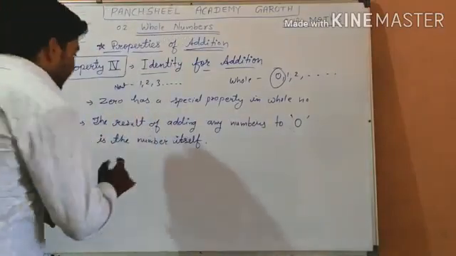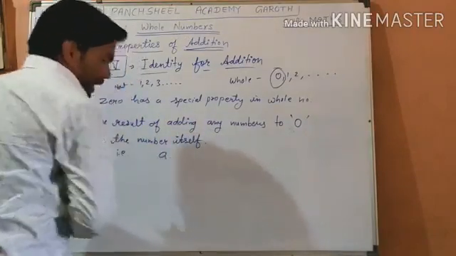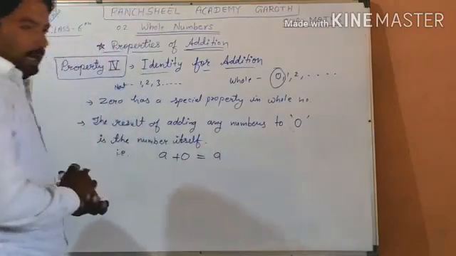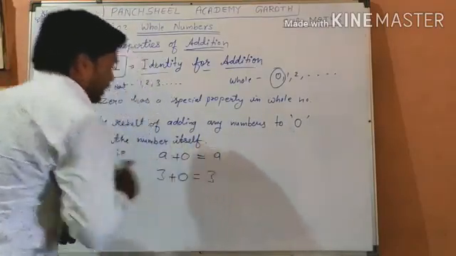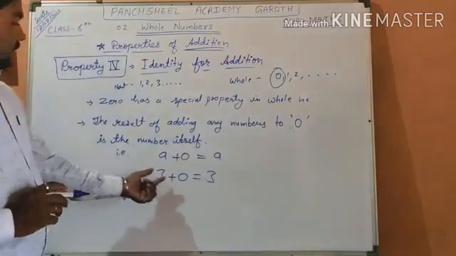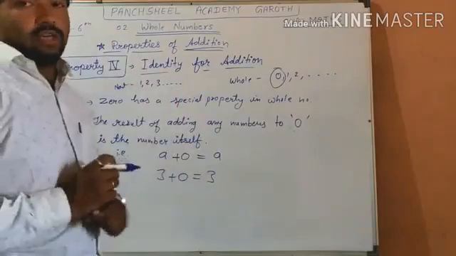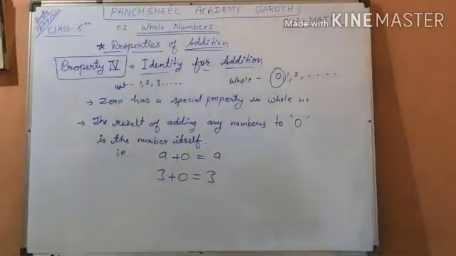That means if we add any whole number A to 0, then the result is A. If we add 3 to 0, then we get 3. So 0 is the identity element for addition in whole numbers.